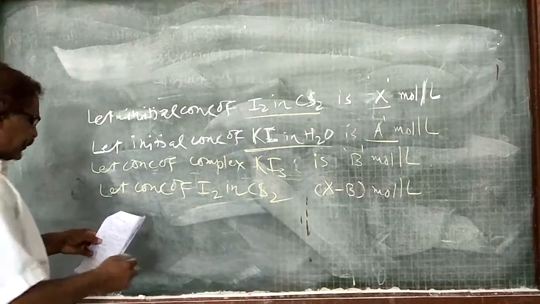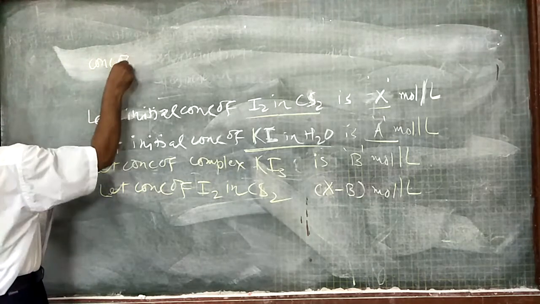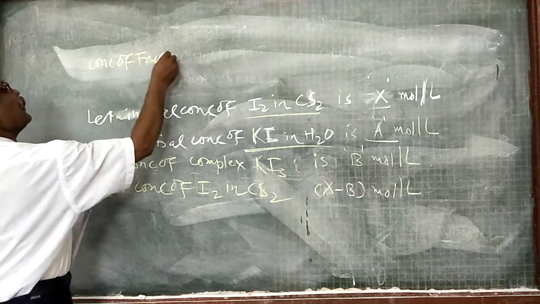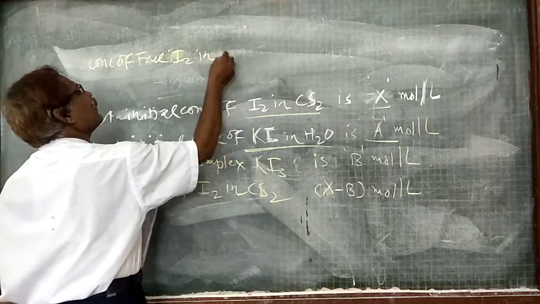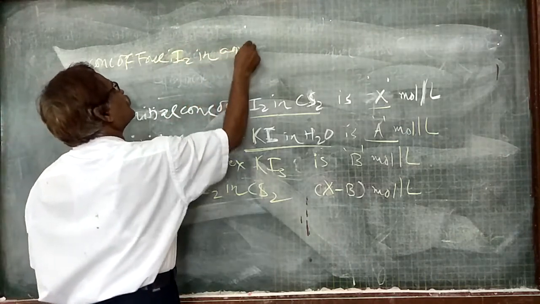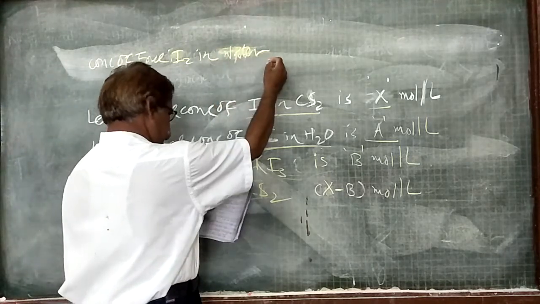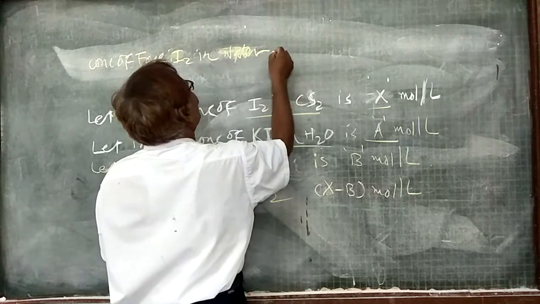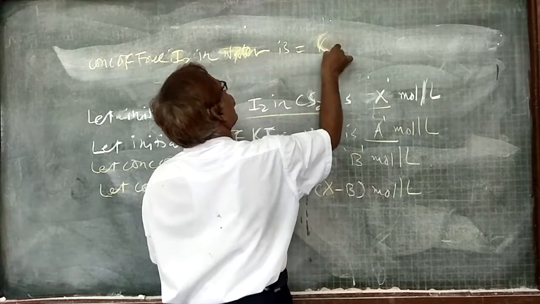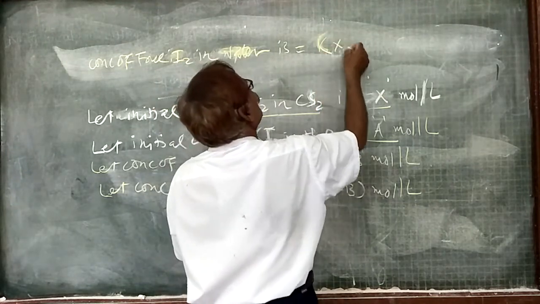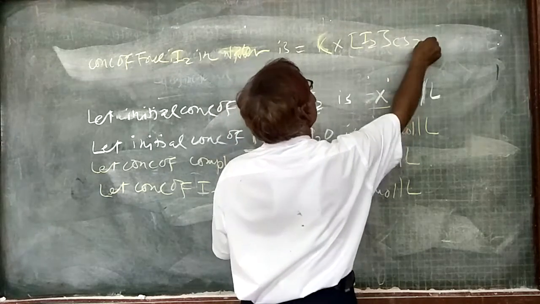So the concentration of free I2 in water is equal to K into the concentration of iodine in CS2.